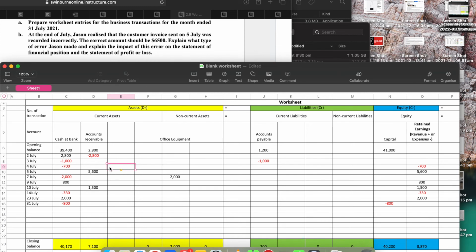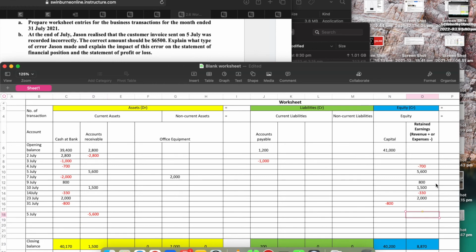I'm not sure in terms of what type of error, if there's specific classing, but what he has done is he's under-recorded it by the value. What you would probably do is reverse this transaction and re-record it at the correct amount. So if we go to insert, I'd do a negative 5,600.